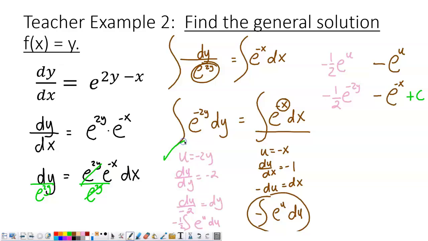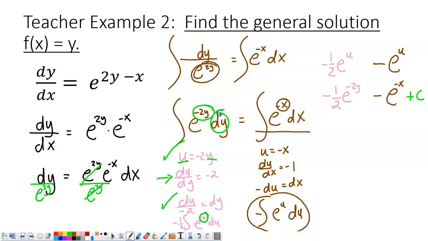So first I said u is equal to negative 2y. Then we find the derivative of u with respect to y, which is negative 2. And then we get the dy by itself, so we have du over negative 2. We replace the negative 2y with u.